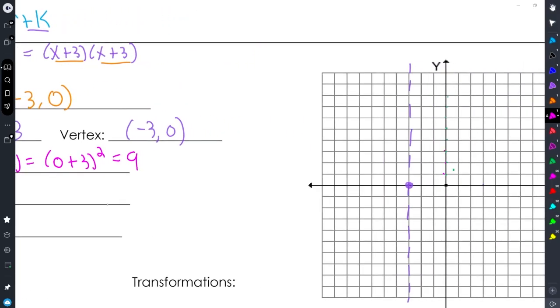So 1, 2, 3, 4, 5, 6, 7, 8, 9. And then we count to the axis of symmetry. 1, 2, 3 units. So 1, 2, 3 units here. And then we can draw our parabola.